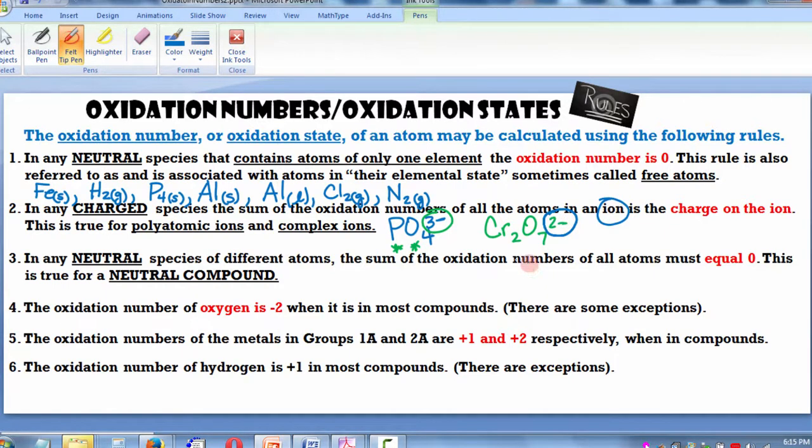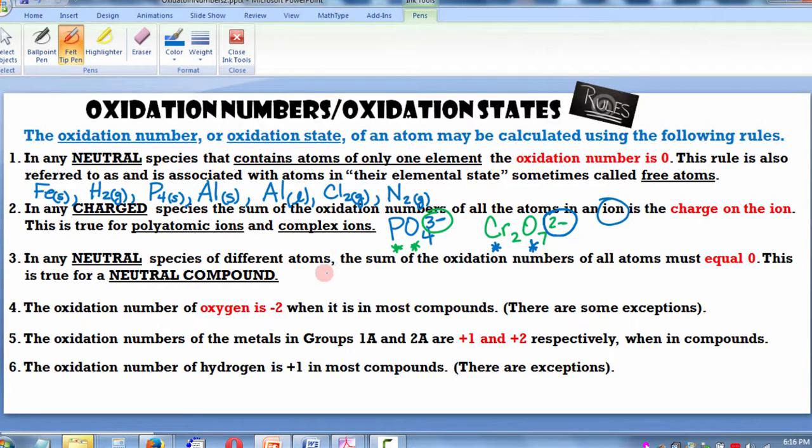You will see exactly what I mean by that a little later. But know that a charged species contains the sum of the atoms, and it will have the charge of the ion. So the sum of the oxidation numbers of each atom is equal to its charge.